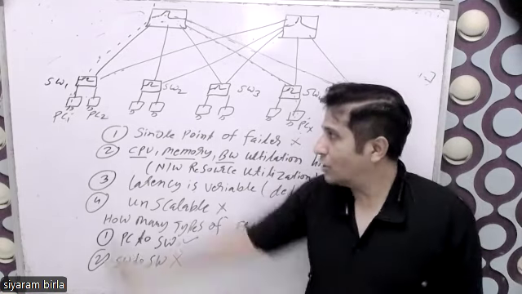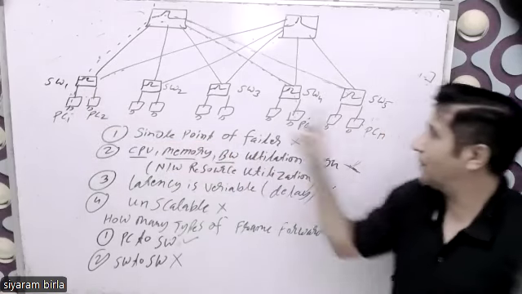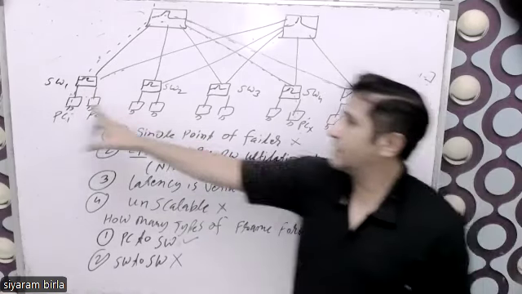Suppose PC1 wants to communicate with PCN, it sends traffic to this switch. Then this switch forwards the traffic to this switch or this switch, because these are different switches of the same capacity.